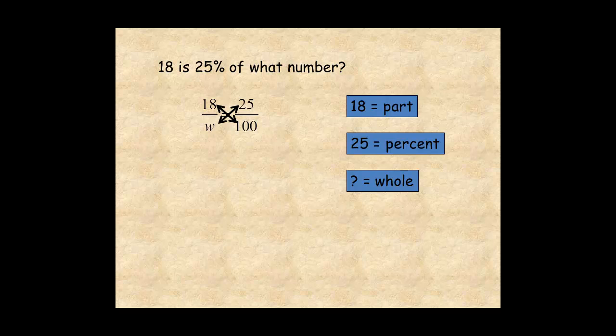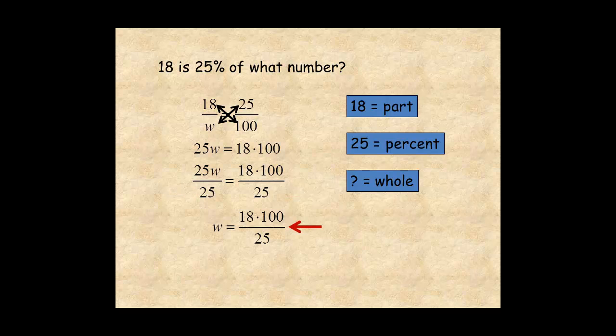Cross multiply, and you get 25 times whole equals 18 times 100. Divide both sides by 25, and you get whole equals 18 times 100 divided by 25, which is 72. So 18 is 25% of 72.